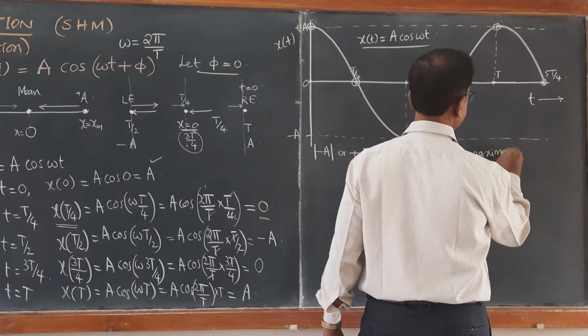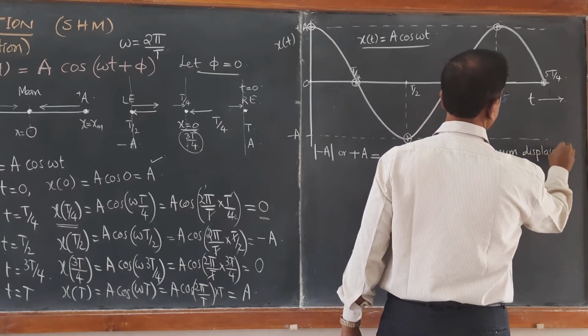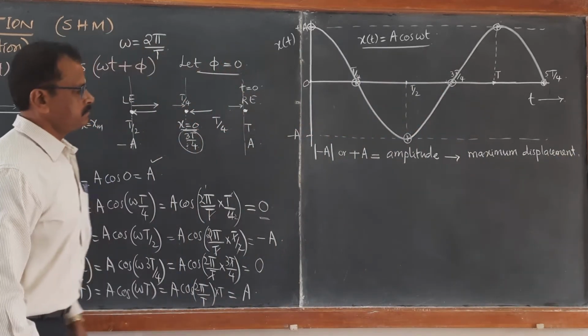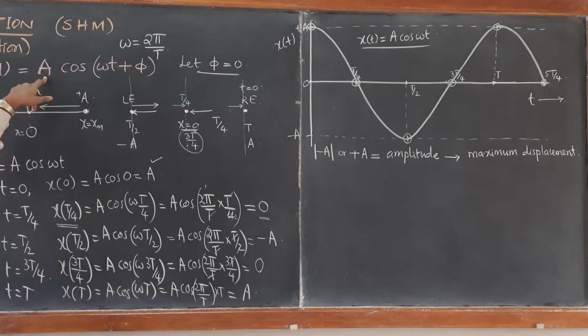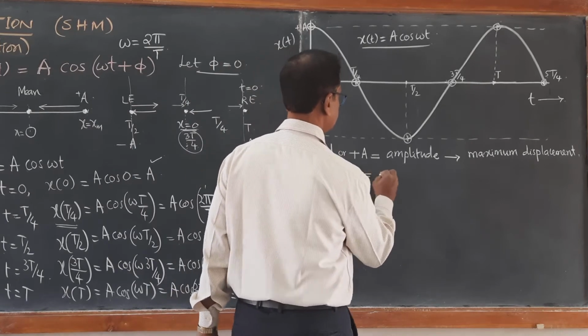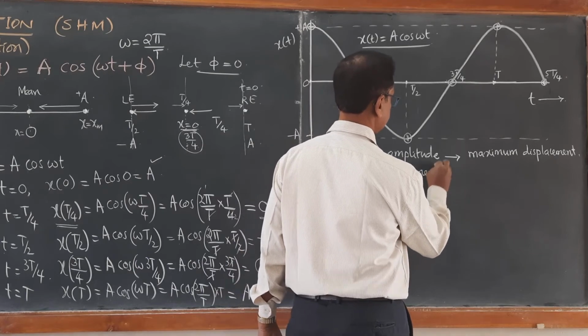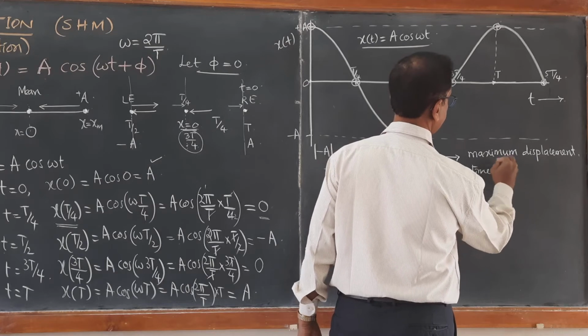Maximum displacement. Then in this equation, we got A as the maximum displacement, and x at any time t gives us the displacement at that given time t.